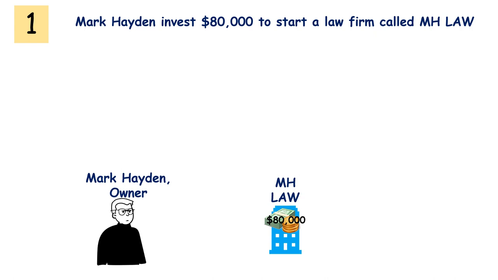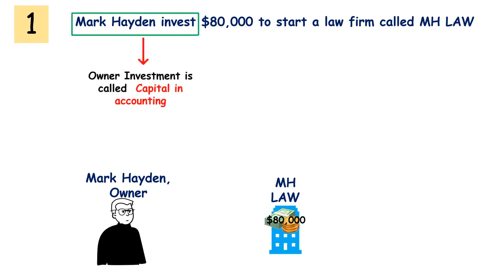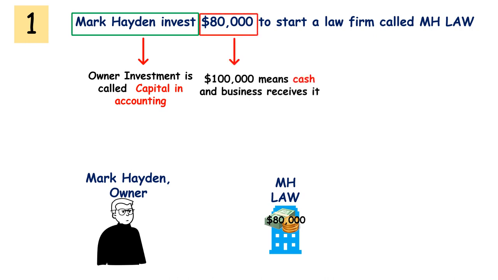So if I read that statement, I'll be looking at the key word. Now the key word for me here is investment by Mark Hayden. So when the owner invests money in the business, this becomes capital and the capital of the business increases. The other keyword is that the owner gave the business cash. So cash increased with the business.